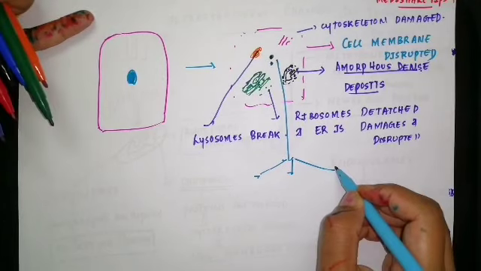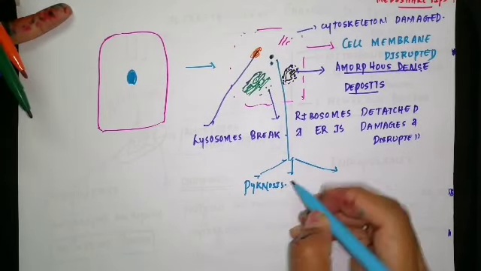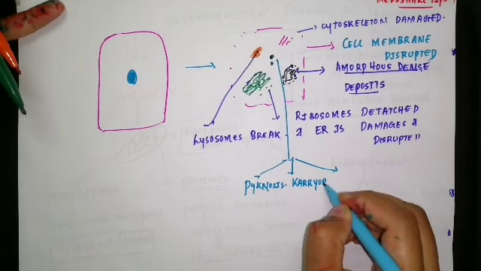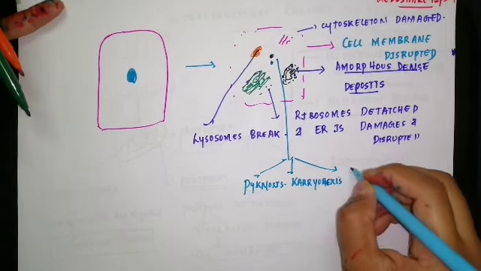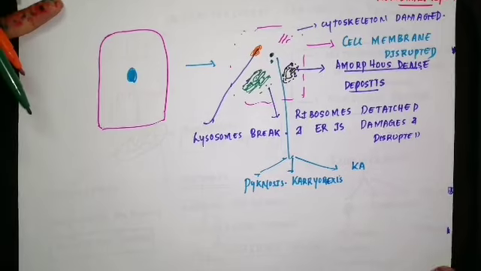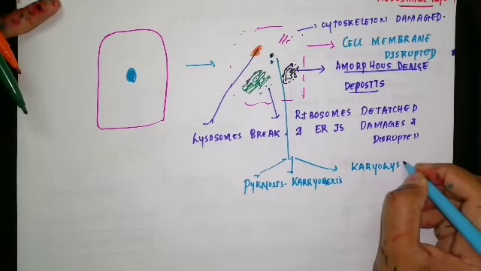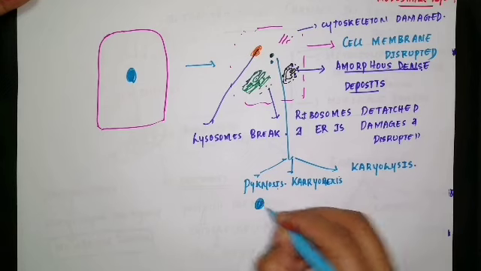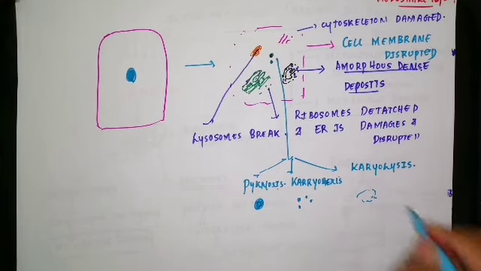It can be pycnosis, which is nuclear condensation, karyorrhexis, or karyolysis, which is dissolution of the nucleus. The nucleus can undergo condensation, it can split up, or it can get dissolved.